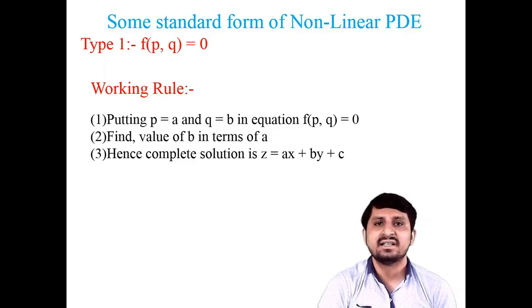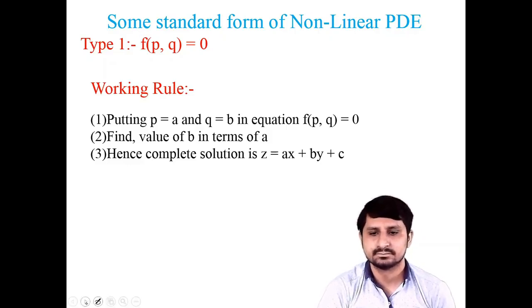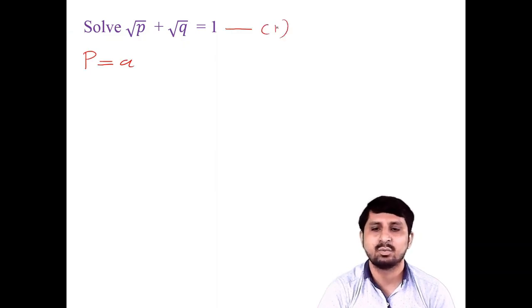Okay, so let's see how we can solve an example for non-linear partial differential equation type 1. So here is the first example. Solve root p plus root q is equal to 1. Let's call it equation number 1.